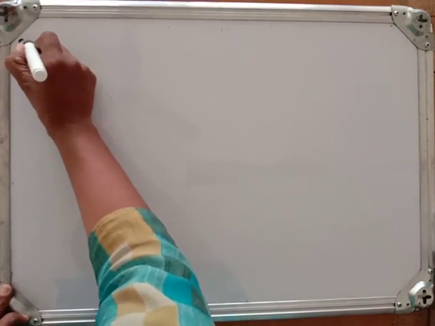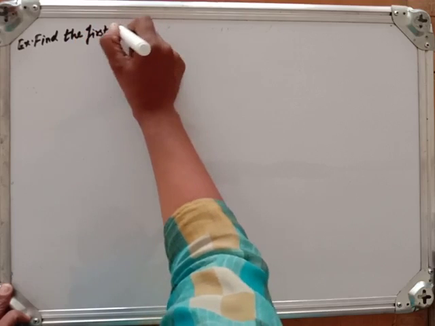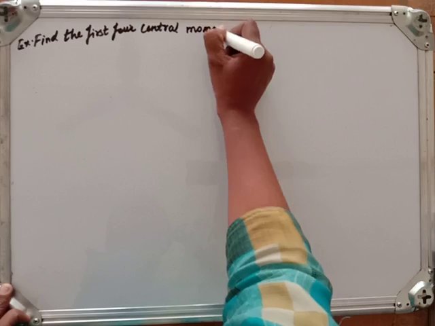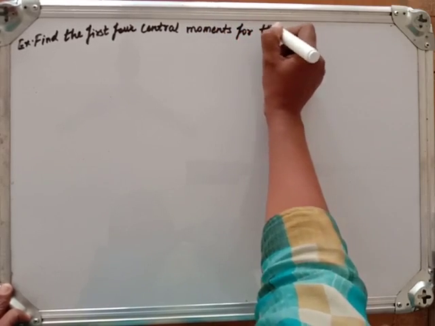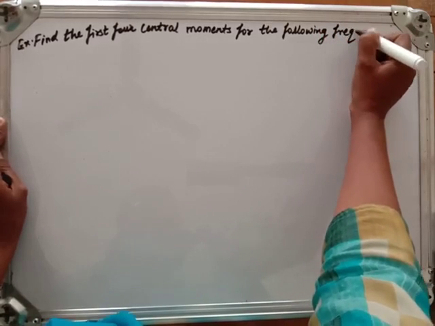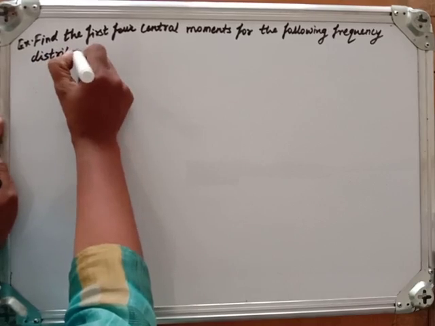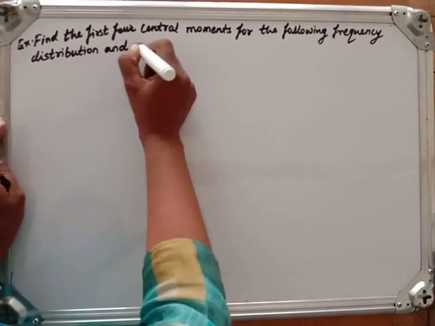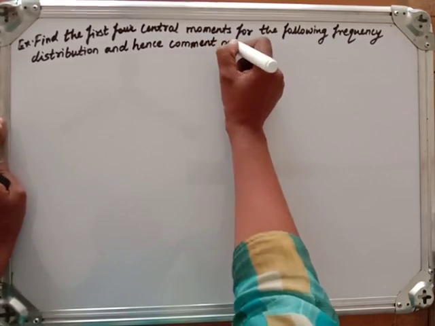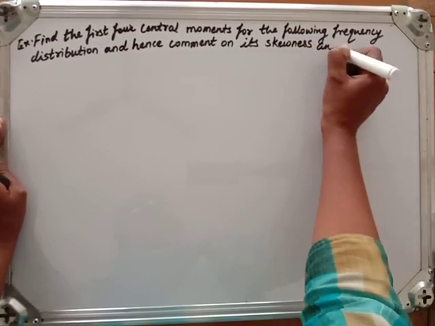Second example. Find the first four central moments for the following frequency distribution, and comment on its skewness and kurtosis.